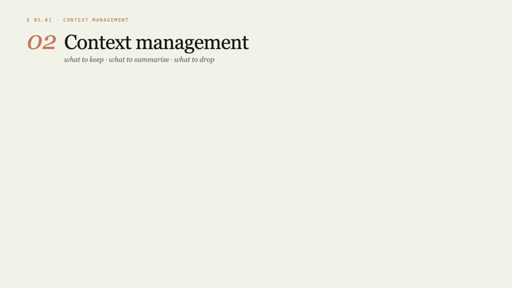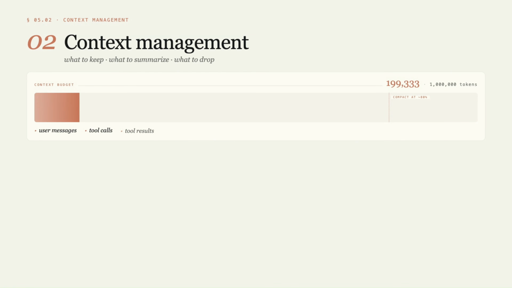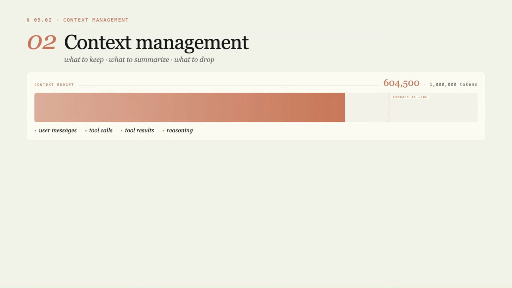Now, number 2 is context management. On every turn, the context grows. As you encounter more user messages and more tool calls, you're going to see that you hit the context limit of your large language model. So the harness has to decide what to keep verbatim, what to summarize, and what to throw away. In Claude Code's example, the budget used to be around 200,000 tokens.